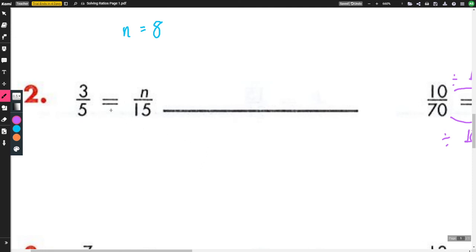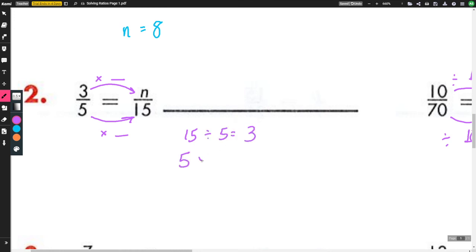Last one I'm going to do here. We're going from a small number to a big number. So I know we're going to multiply. So we can do the whole guess and check. 5 times what is 15. We can also find out how many times 5 can go into 15, which is 3.